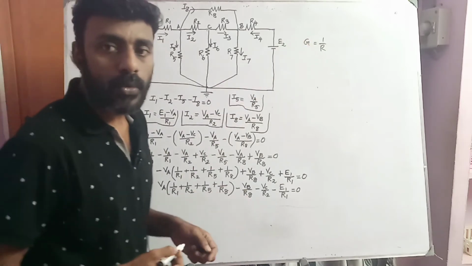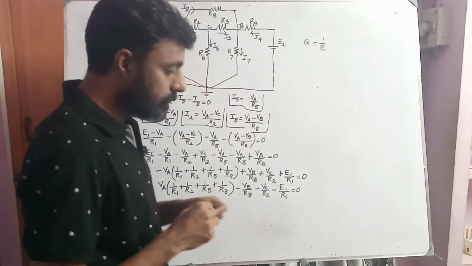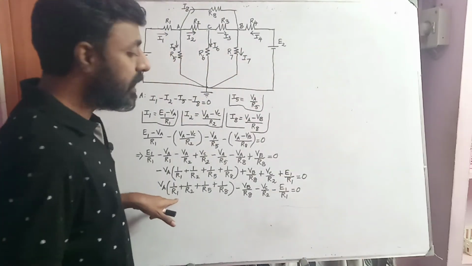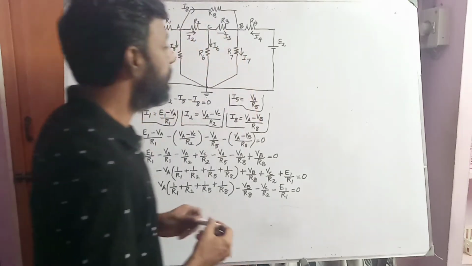So this 1 by R will be converted into G. G is nothing but the conductance.